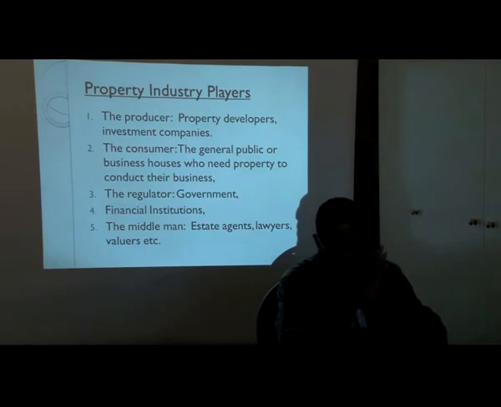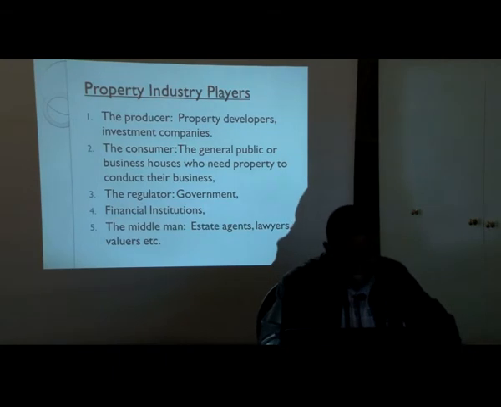The producer, who is usually the developer, then the consumer. You and me, the person that is utilizing space, looking for space to use for whatever purpose. Then there is a regulator, the government. We've seen already how government regulates property transactions, so to speak. Then there is financial institutions.